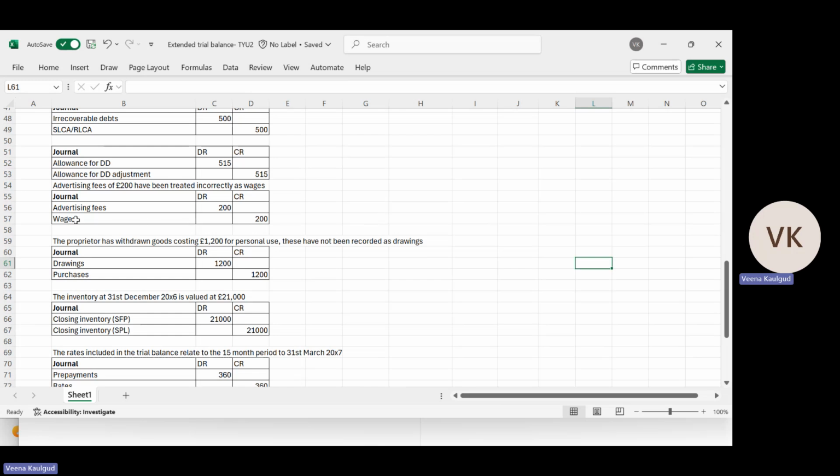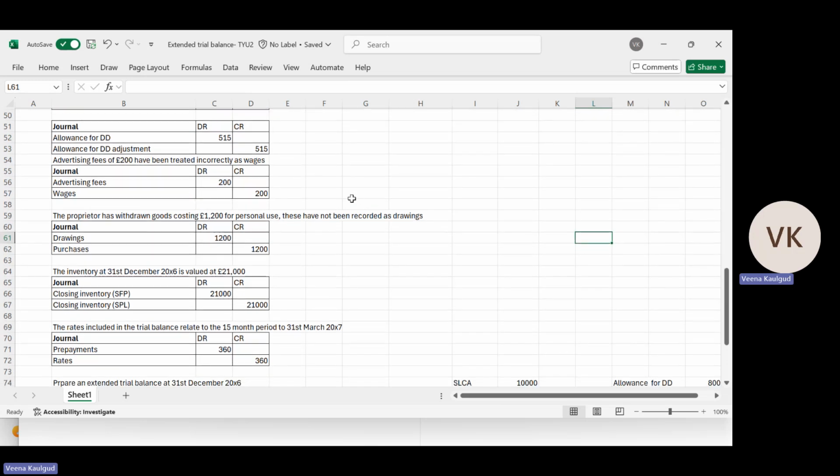Wages was wrongly debited, so we are going to get rid of it. Accounting understands the language of debit and credit, so what you want to get rid of, you do the other way around. Originally you had debited, so you would now credit it. So wages are going to be a credit and advertising expenses are now going to be a debit.